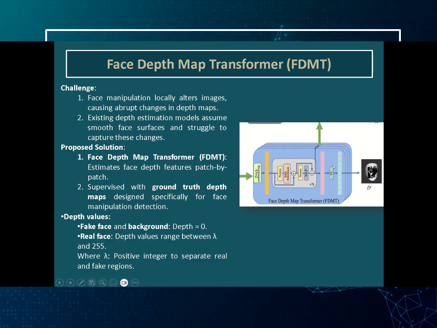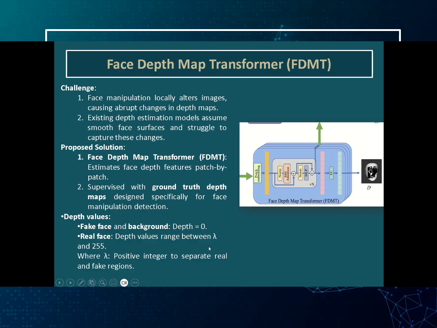So with this transformer, they get the face depth map, which is exactly the same as the vision transformer. But for the depth values in the ground truth, if the face is fake, or if it is not a face, like the background area, then the depth value will be 0. And if there is a real image, the depth value would be between some lambda and 255.